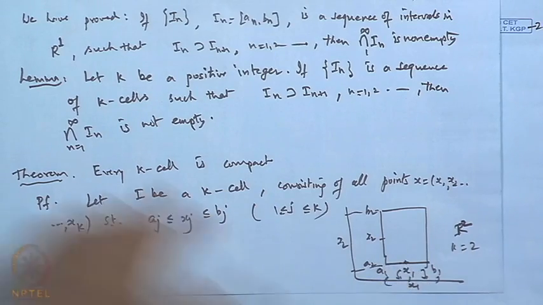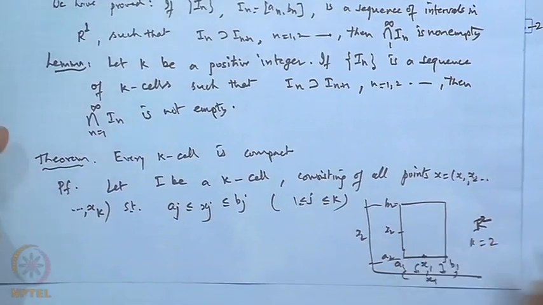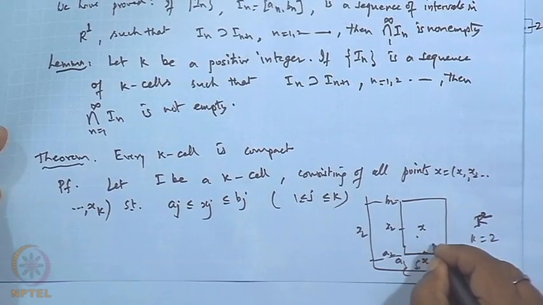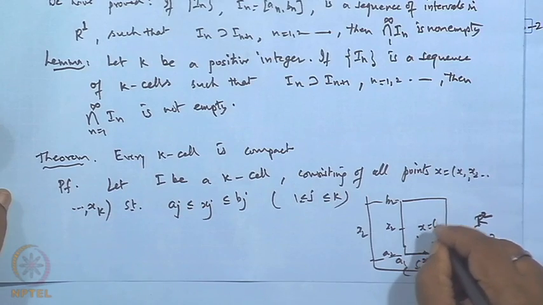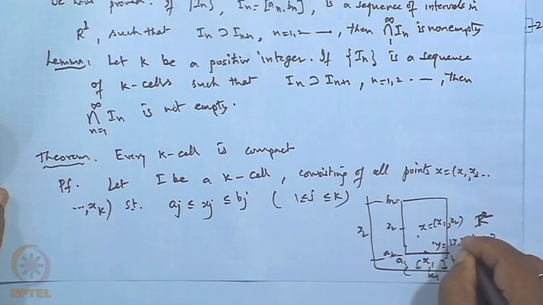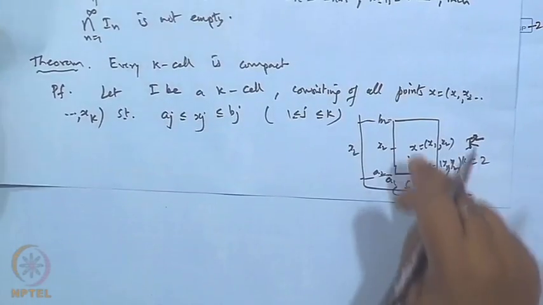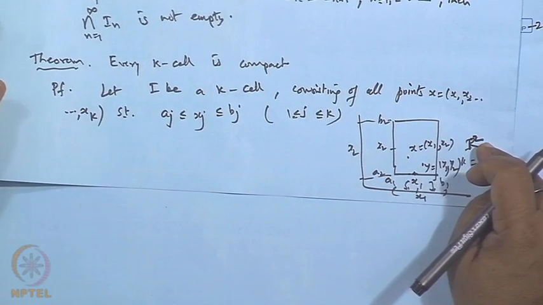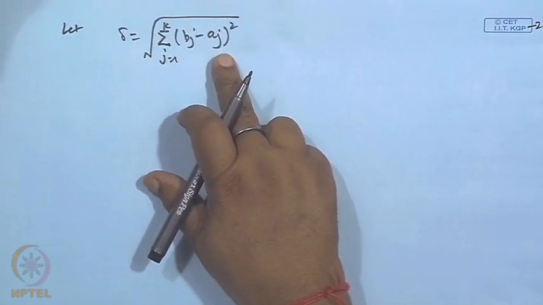If I pick up two points x and y in this set, x = (x_1, x_2) and y = (y_1, y_2), then the distance between x and y in R^2 will remain less than this number.